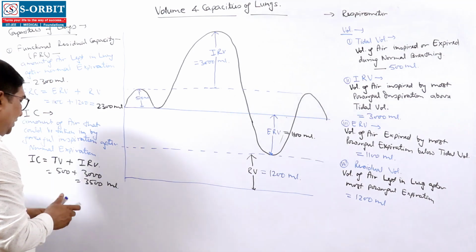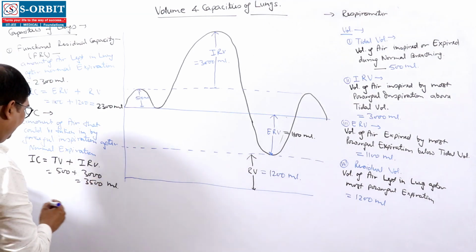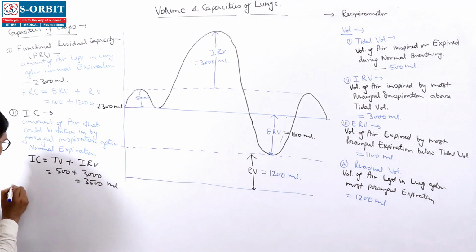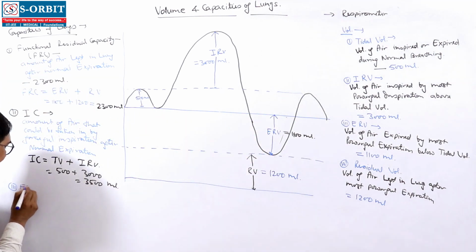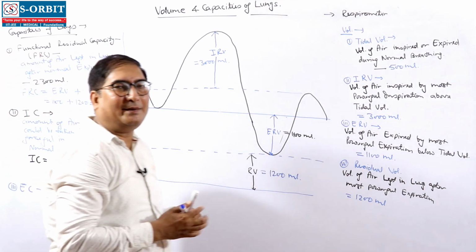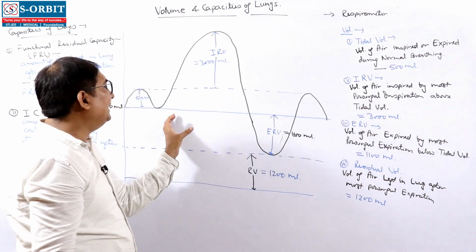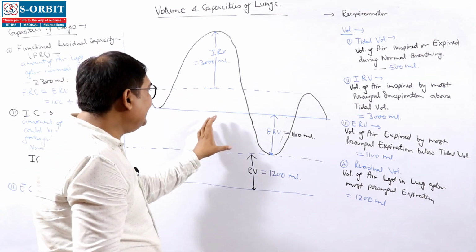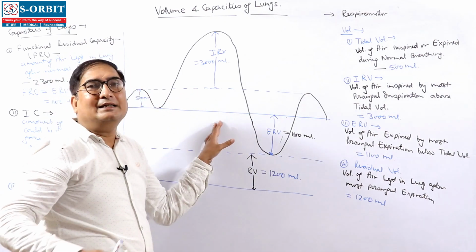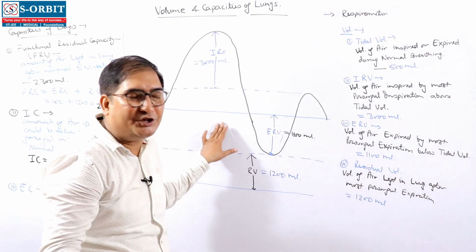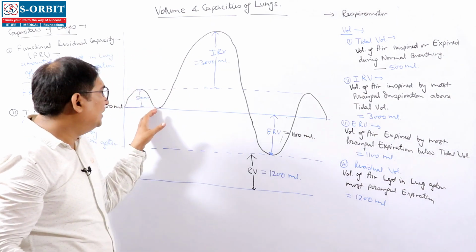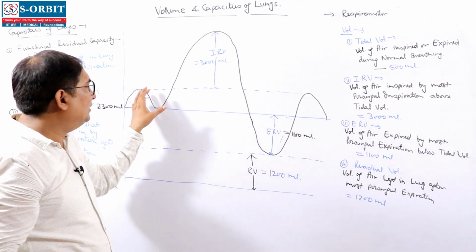Okay. So the third is expiratory capacity, EC. And what is the expiratory capacity? It is the amount of air that could be expelled out by forceful expiration after normal inspiration.